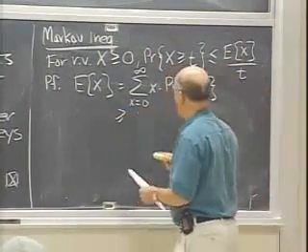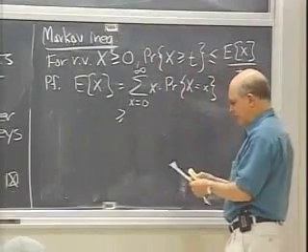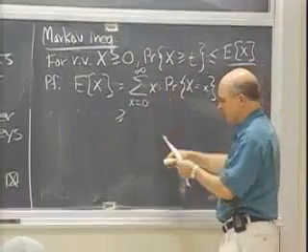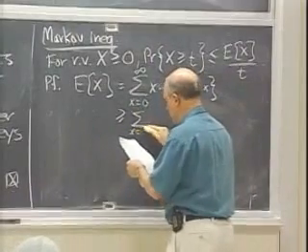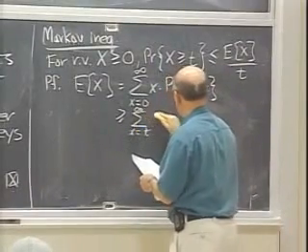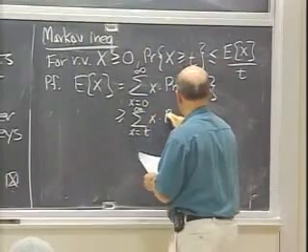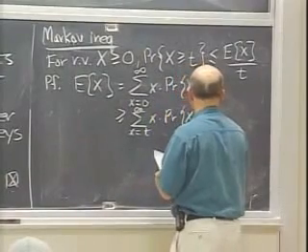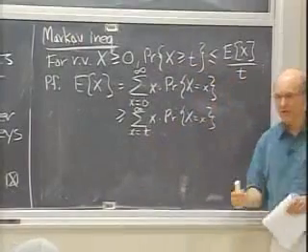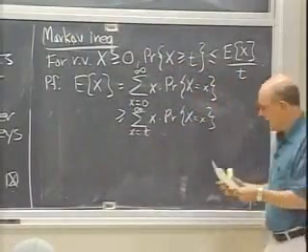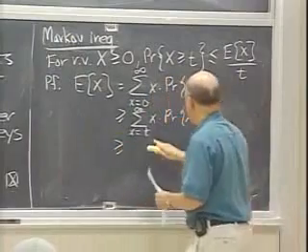That's the definition. Now it's just a question of doing the coarsest approximation you can imagine. First, let me simply throw away all small terms. So that's greater than or equal to the sum from x equals t to infinity of x times the probability that X is equal to little x. Just throw away all the low-order terms.